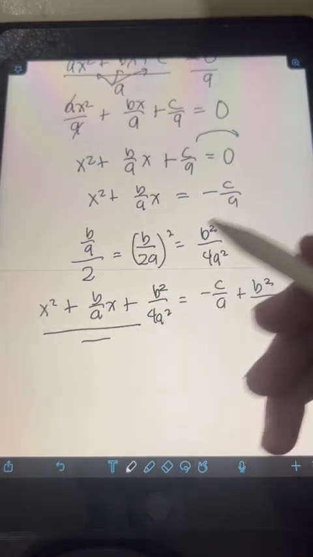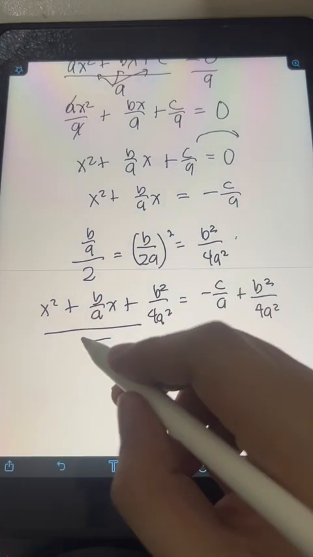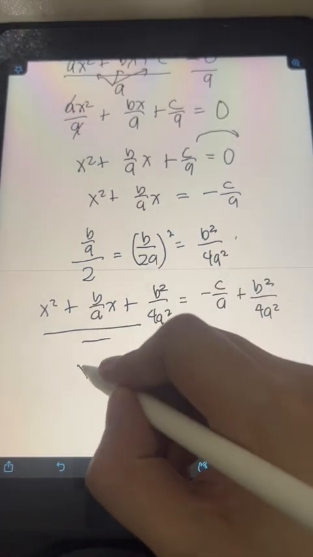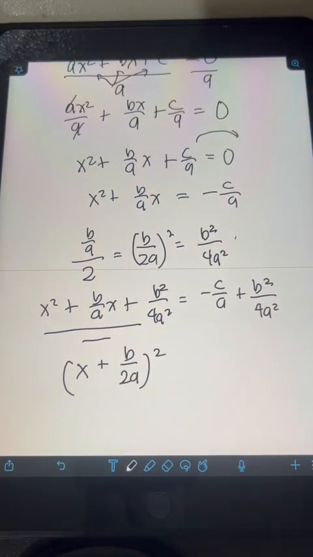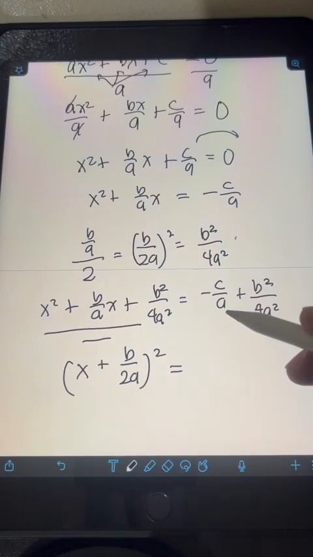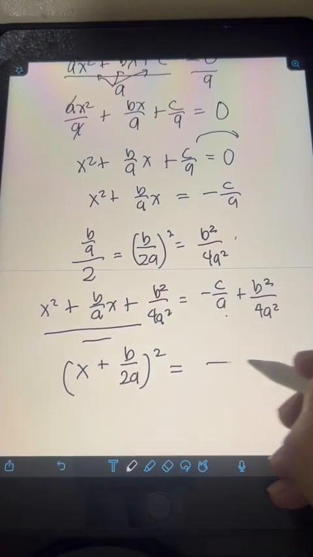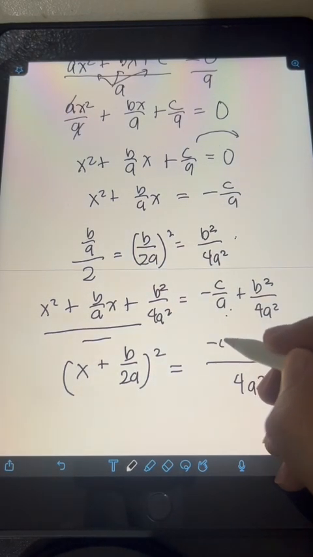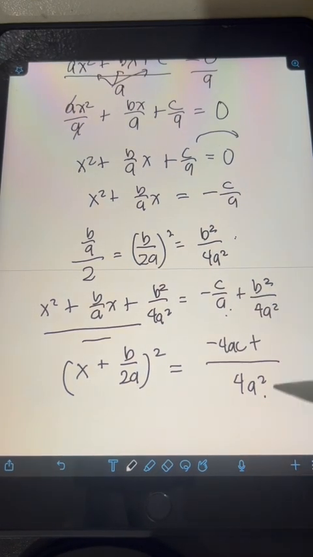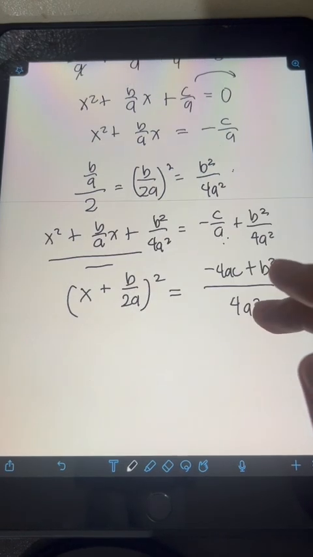Since the left side is a perfect square trinomial now, we can factor this as x plus b over 2a quantity squared equal to, and we can combine the right side as a single fraction, getting the LCD of a and 4a squared, so it is 4a squared. 4a squared divided by a is 4a times negative c is negative 4ac, plus 4a squared divided by 4a squared is 1 times b squared is b squared.